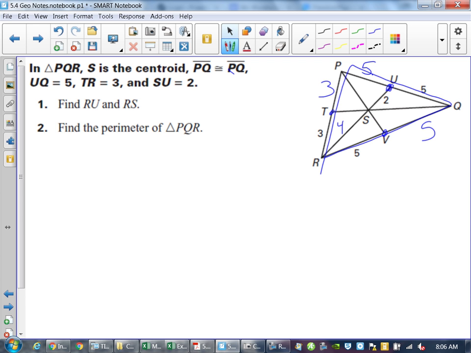The whole median equals 2/3 vertex to centroid plus 1/3 centroid to side. So yes, it can look a little bit weird if you're trying to find the entire thing. But if you know one part of the actual median, it's fast. It's so much faster.